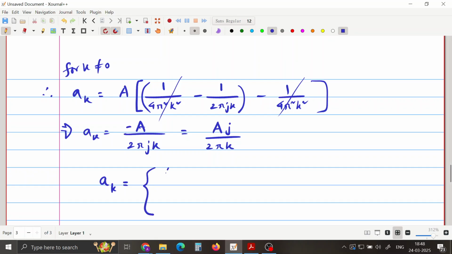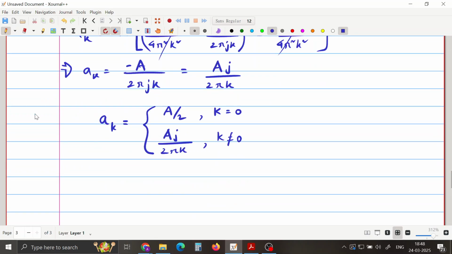So a naught was capital A by 2, the average value over one time period, if you remember. That is for k equals 0, and for non-zero k, I found that a_k has this form, capital A times j divided by 2 pi k for k not equal to 0.